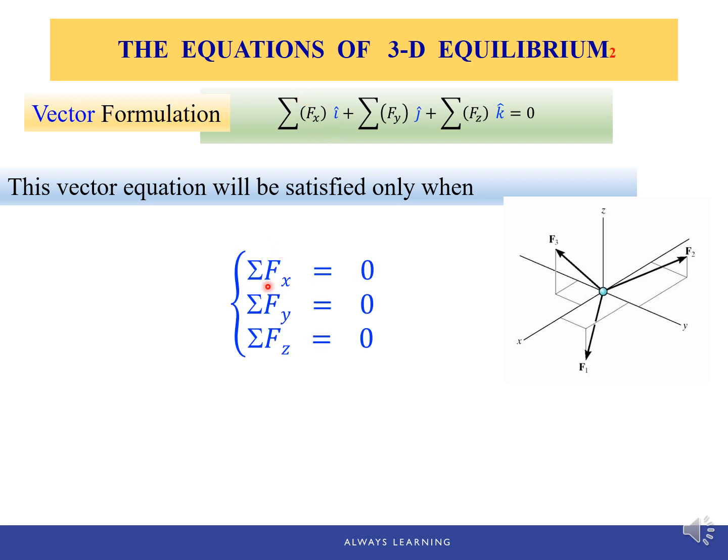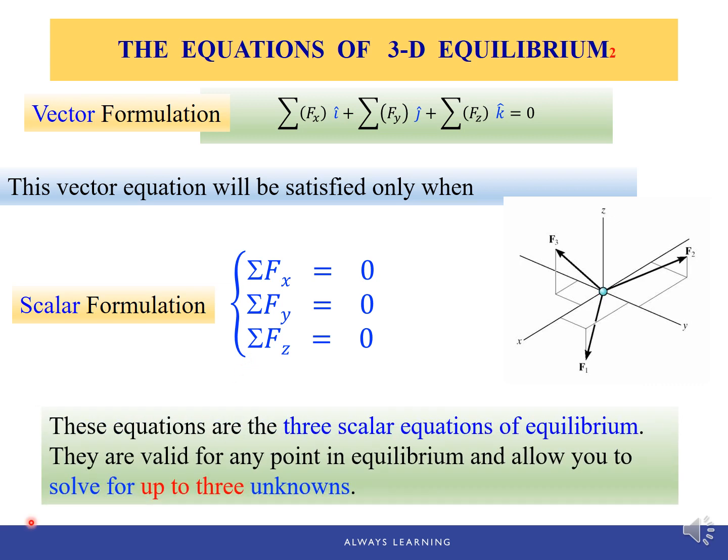So these are the three scalar equations. Sum of the x components must be equal to zero, sum of the y components must be equal to zero, and sum of the z components must be equal to zero as well. And this set of equations is called the scalar formulation. And we're going to use this set of equations to solve 3D particle equilibrium problems.